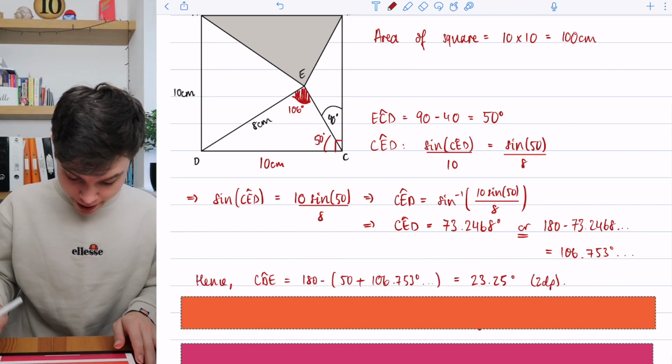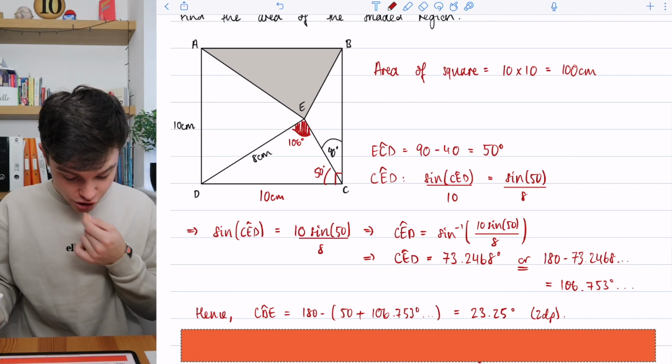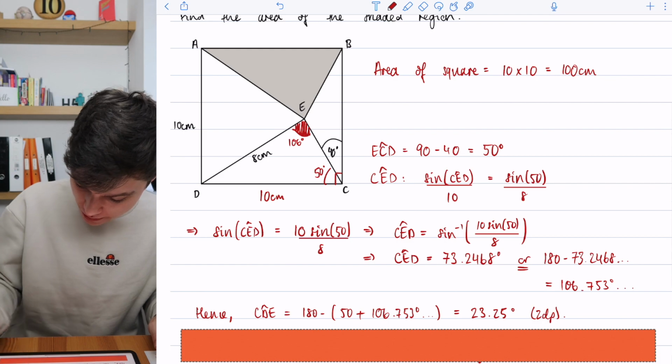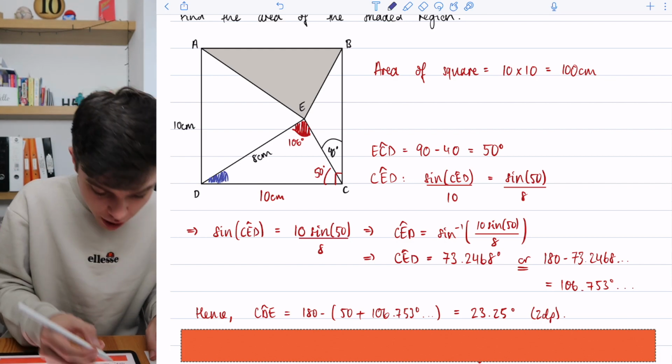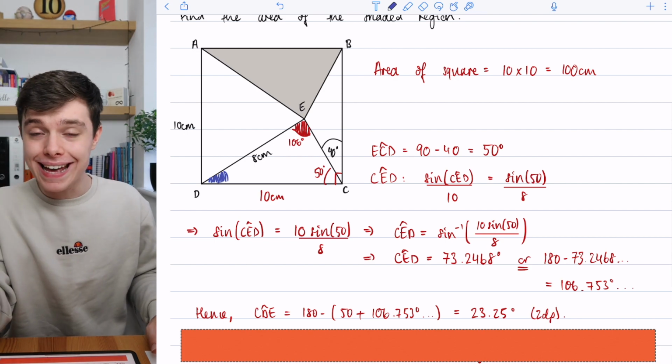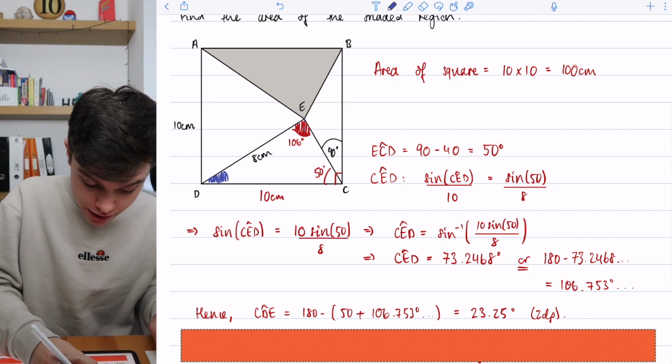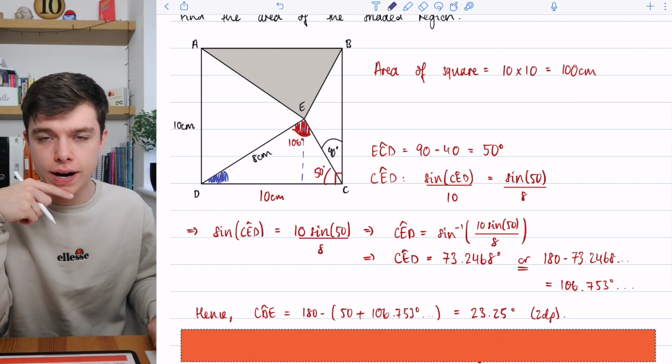Then, the next step is this. I'm going to work out, and I'll do it in a different colour, this angle here, because what I'm trying to do in the next step is work out the height of the triangle.